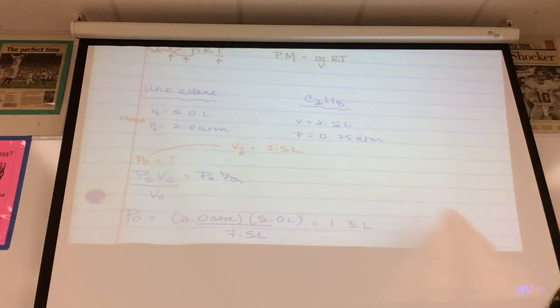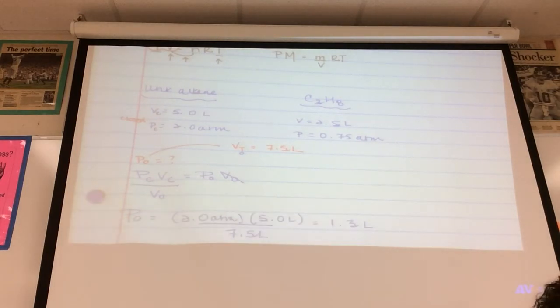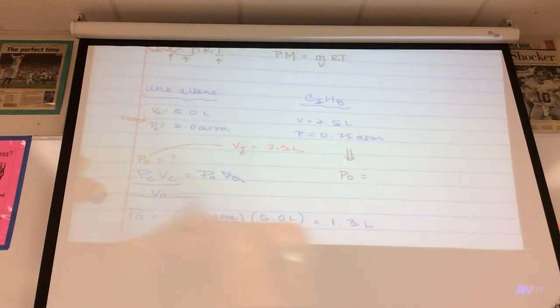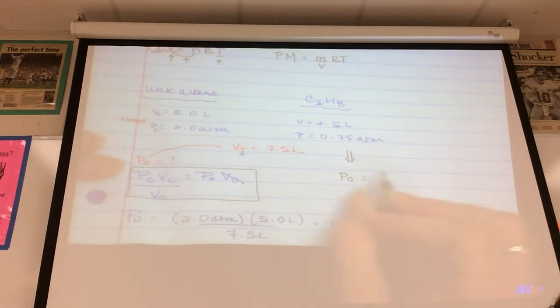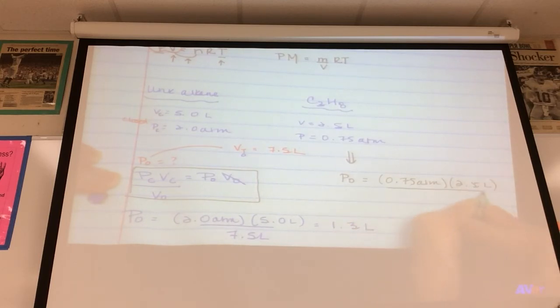Could you do it with the other ones too? Yeah, so now you're going to do it with this one. How would you get pressure in the open position for these guys? Same formula. Pressure in the closed position is 0.75 atmospheres. Volume in the closed position is 2.5 liters.